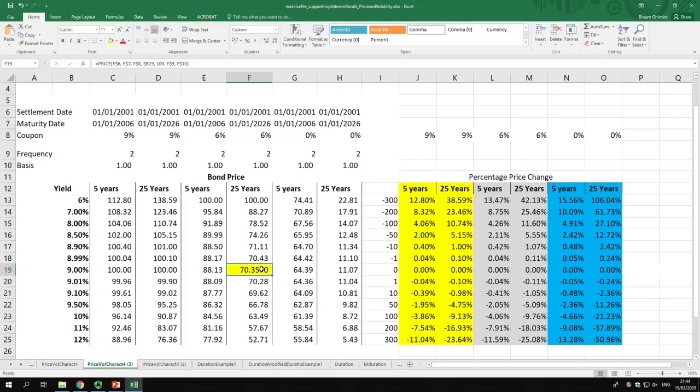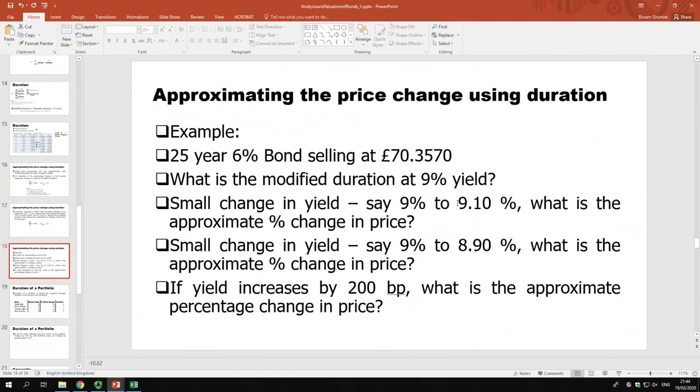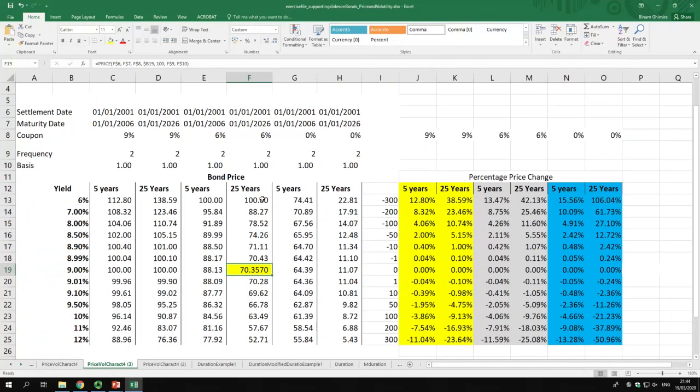What has happened to this particular bond when the yield changes from 9 to 9.1? So when yield changes from 9 to 9.1, here the price of the bond is now this, which is highlighted in yellow here. So 25 years, 70.3570, from here you get to this point, which is 1.05.